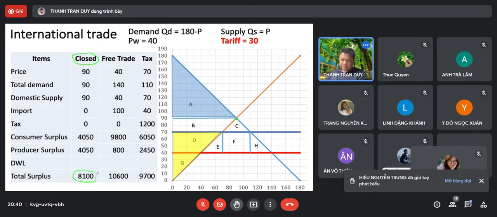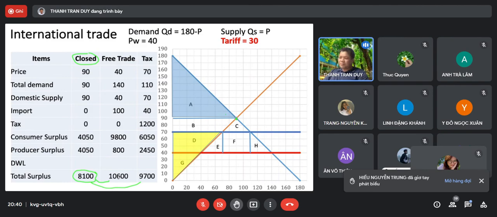If we close the economy, our total surplus is less than this one, and even less than with tariffs. Therefore, if we close the economy, the total surplus is lower than in other cases, and that is what we lost. We'll have less surplus than in other cases.